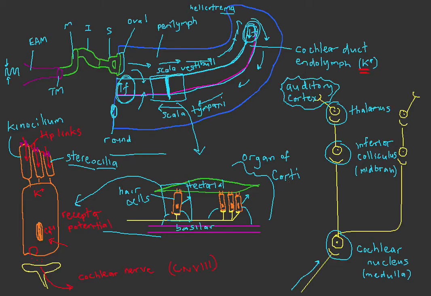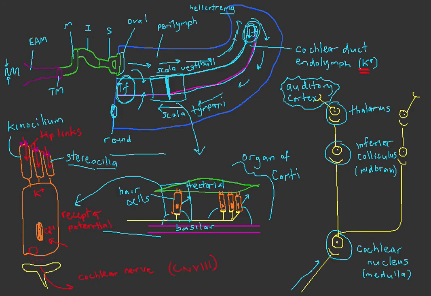So it's almost like a labeled lines hypothesis, where you have all of this mapping at different portions, and then particular hair cells will send up particular neurons that'll go to particular parts of the auditory cortex, depending on frequency. But then how does the body differentiate loudness? And that's through the amount of neurotransmitter released.